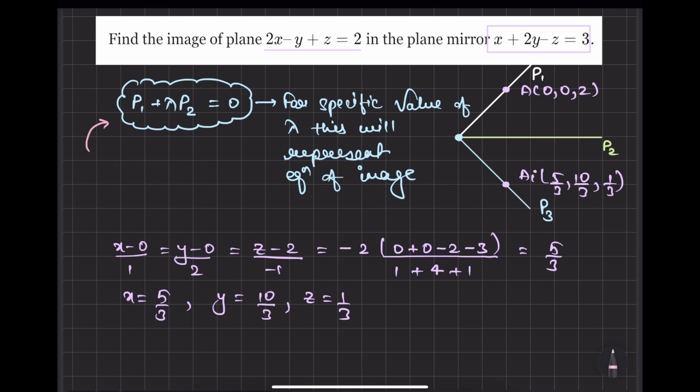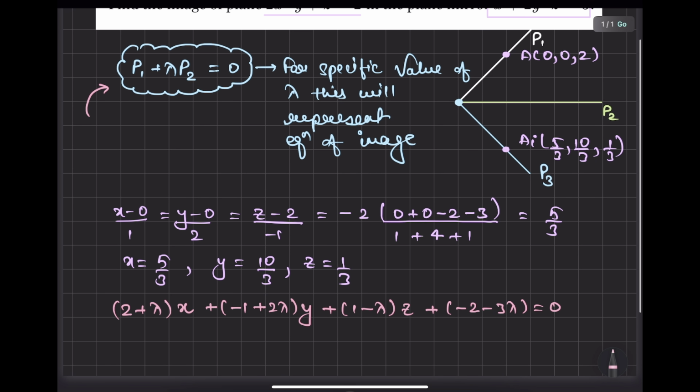So it is 2 plus lambda x, I have clubbed x, then minus 1 plus 2 lambda y, plus 1 minus lambda z, plus minus 2 minus 3 lambda equals 0. So I have multiplied plane 2 with lambda and added it to plane 1.